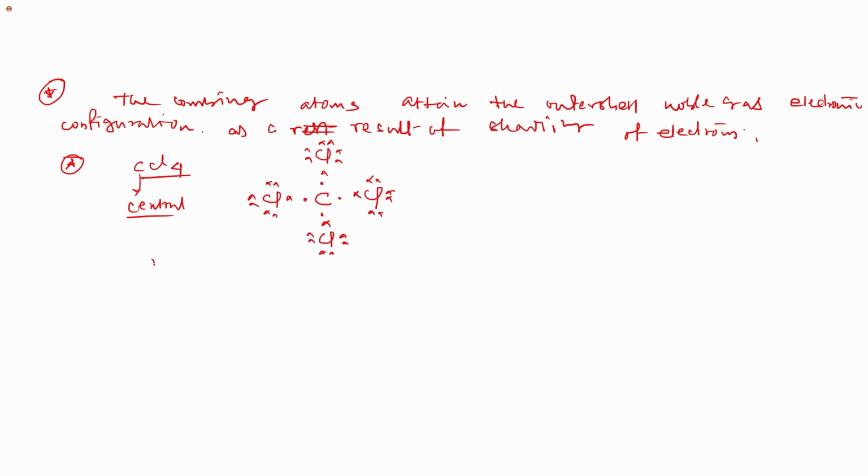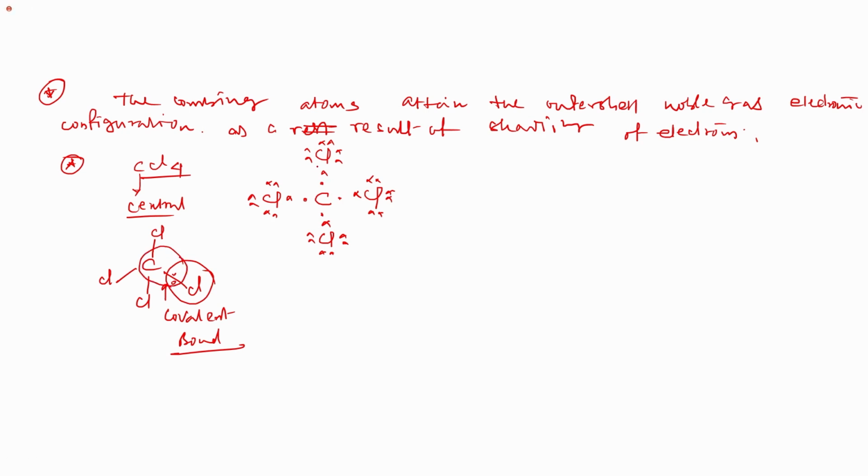Now in CCl4, if you see, this structure is tetrahedral, and this bond is the covalent bond. That means the bonded electrons are shared by the chlorine atoms and also by the carbon atom.